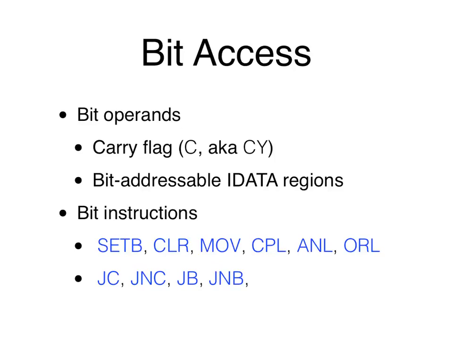Now, the 8051 is one of the few architectures that supports what's called a bit addressable region. That is, there's one part of its on-chip memory that allows you to name every single bit. Each bit has its own address. That's actually pretty unique among microcontrollers or microprocessors in general.